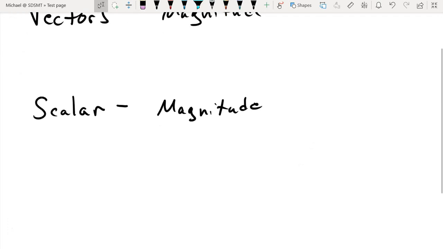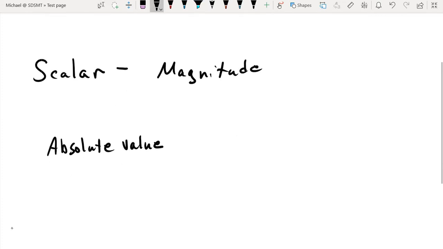And so what we need to realize here is that magnitude really just means the absolute value of the quantity. And so if we have some value of x, then the magnitude of x would be the absolute value.